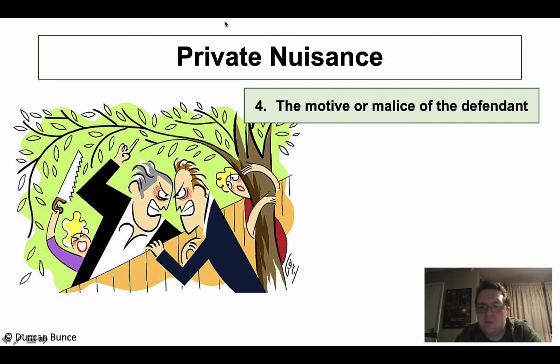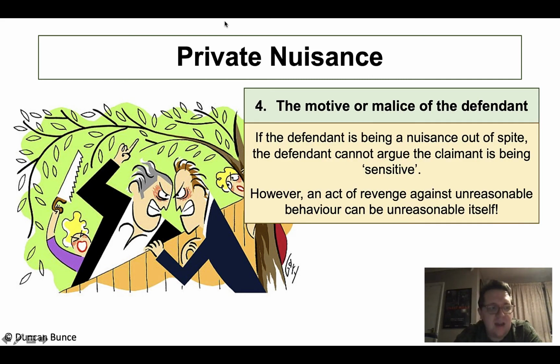Fourthly, the motive or malice of the defendant. Essentially what this means is if you're bringing a claim against somebody, for example your neighbour, and the reason that they are producing the nuisance is because they don't like you or they want to annoy you, then obviously that's going to be held against them in court.